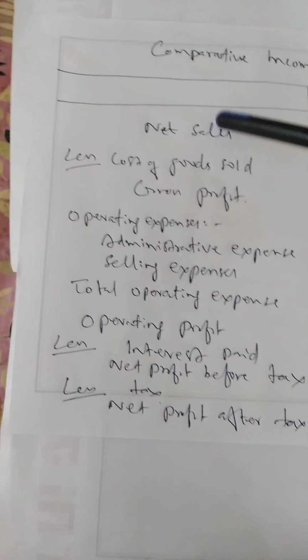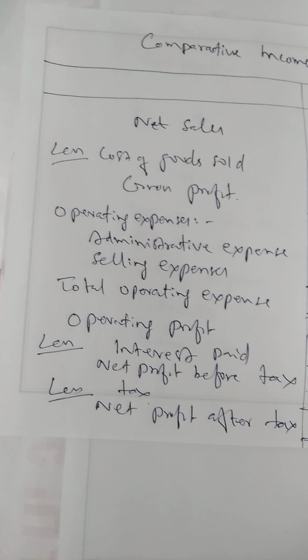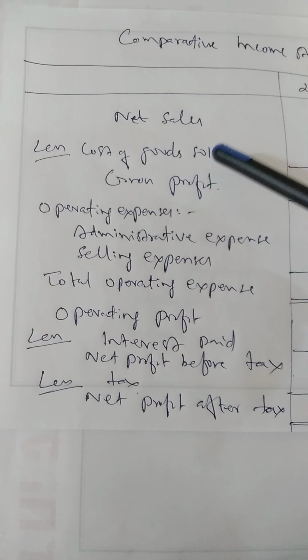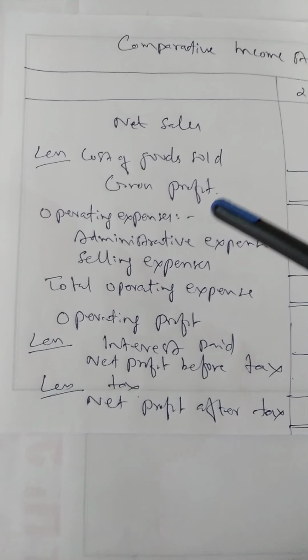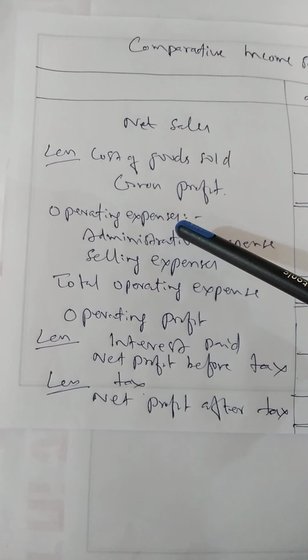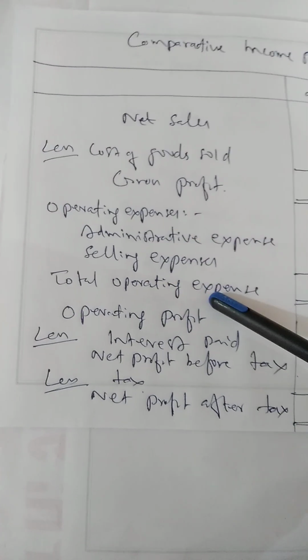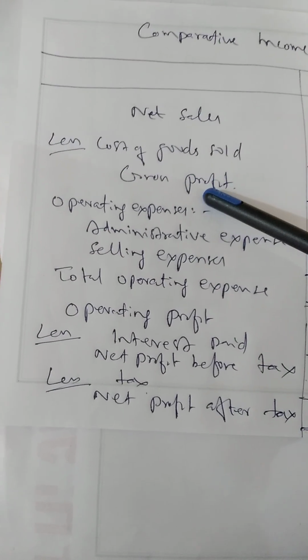So this is the format of the comparative income statement. Net sales is to be taken first, cost of goods sold is to be deducted, then we get gross profit. All operating expenses, administration expense, selling expense, or any operating expense, should be taken together, which forms total operating expense. That is to be deducted from gross profit.